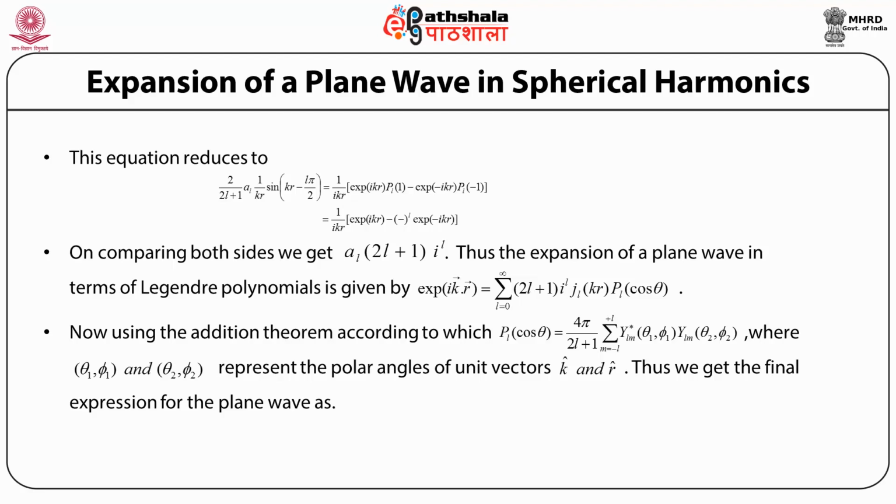Thus we get the final expression for the plane wave as exp(i k·r) equals 4 pi times the sum over L equals 0 to infinity, sum over m equal to -L to +L of i^L j_L(kr) Y_LM*(k) Y_LM(r).